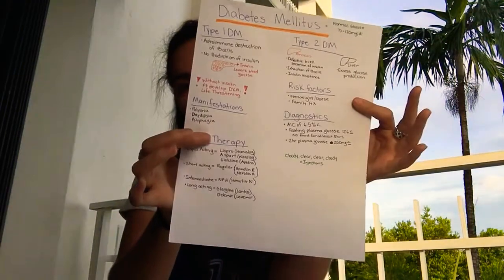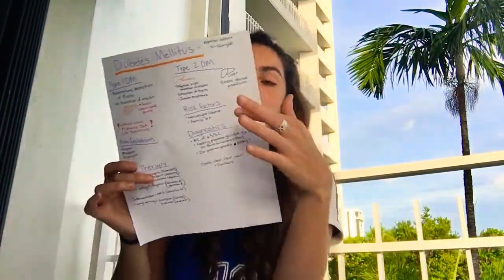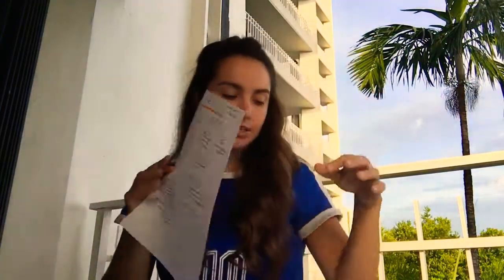Yeah, like diabetes. And I have this for the whole book, because there's so much information in that big course book that some things you're not even going to need to know. You need to grab the main ones.